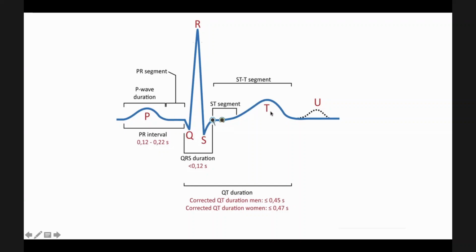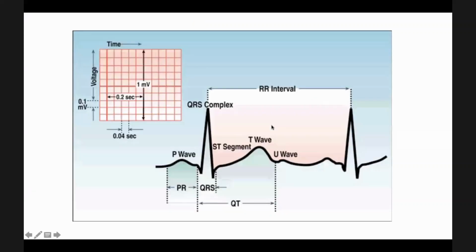These are the important things: the P, the QRS, the T, the PR, as well as the QRS width and the QT duration. When you get the ECG strip, you have large squares as well as small squares.